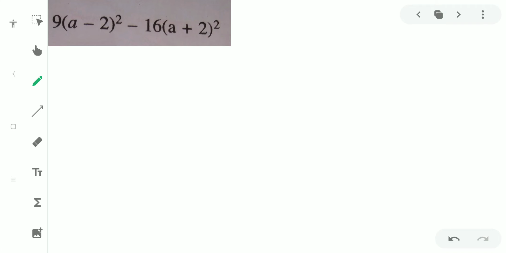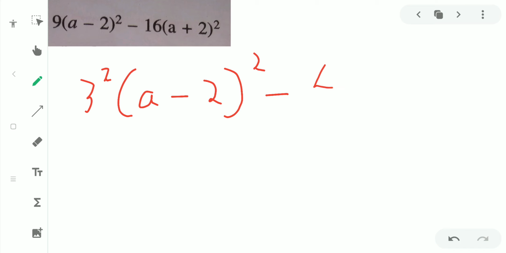Now 9 is nothing but 3 square, and we are having (a minus 2) whole square, minus 16 is nothing but 4 square, times (a plus 2) whole square.